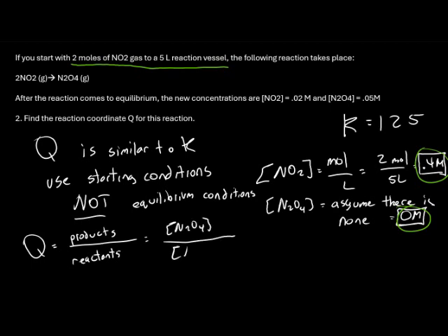Our reactant was NO2. Again, because there are 2 of them in the reaction, we'll square this. So N2O4 is 0 over 0.4 squared. When we do the math, 0 divided by anything is 0. Therefore, our reaction coordinate is 0, while the K we found previously was 125.